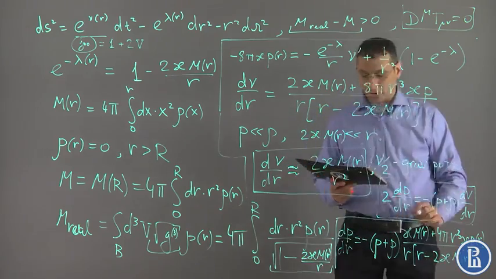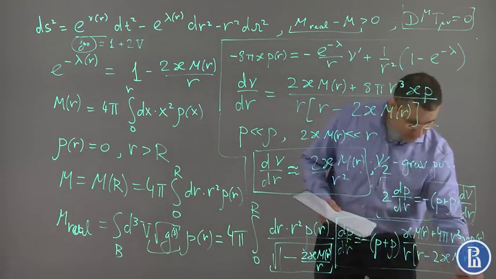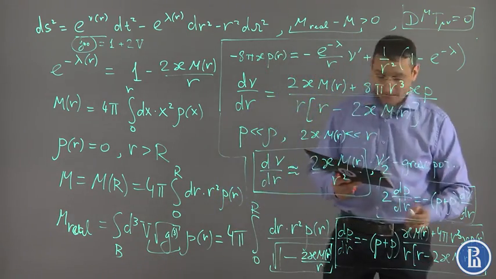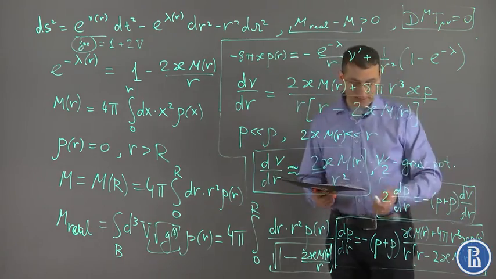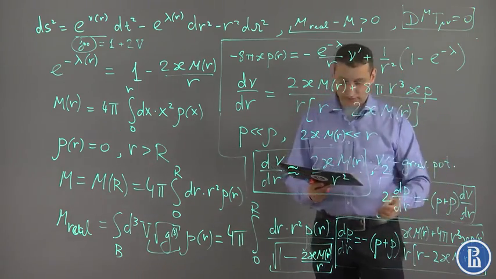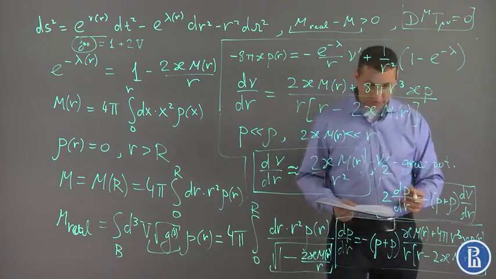This equation is the so-called Tolman-Oppenheimer-Volkoff equation, which describes the hydrodynamic equilibrium of the star.